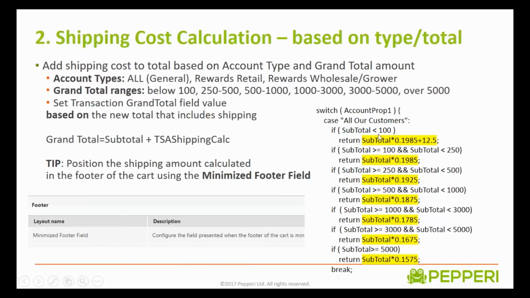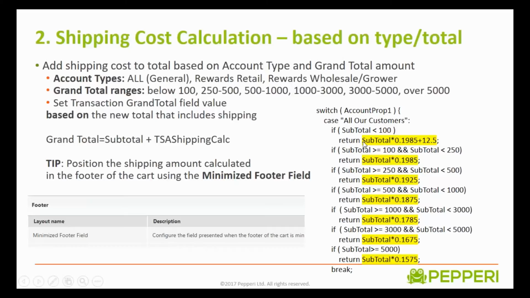Then there's another case for the rewards retail and another case for the rewards wholesale, and all of these ranges are taken into consideration. Once you calculated the percentage of the subtotal that should be added for the shipping, you then set the transaction grand total field based on this new subtotal plus the shipping calculation.